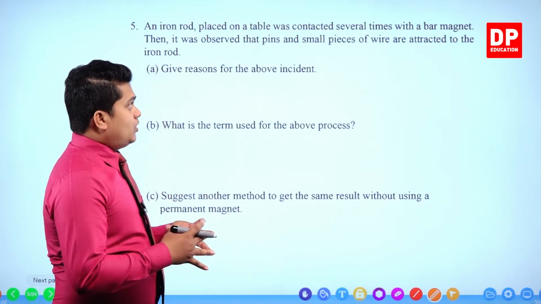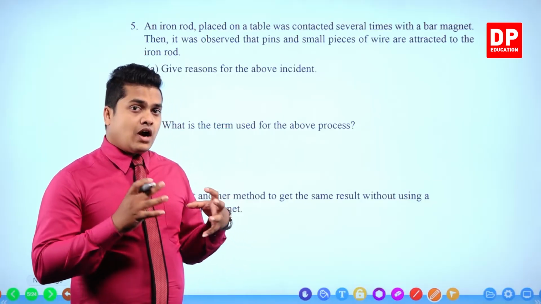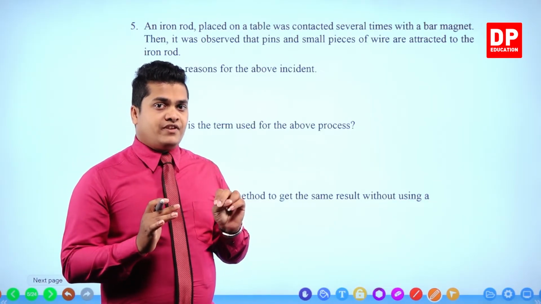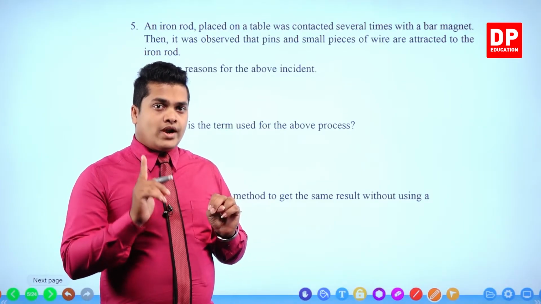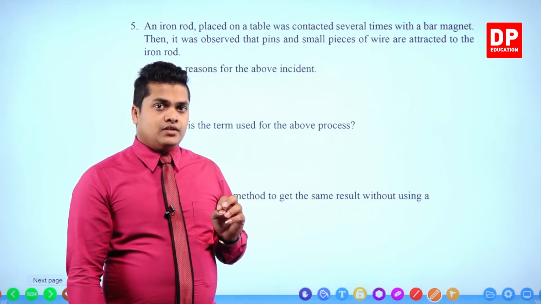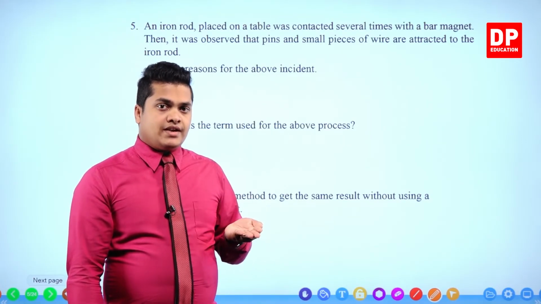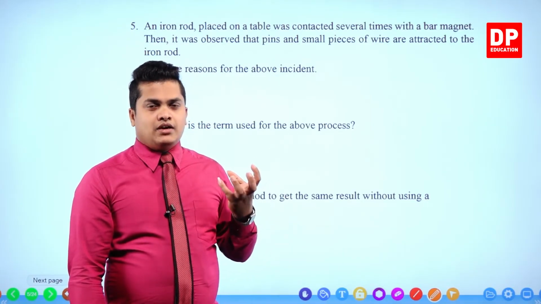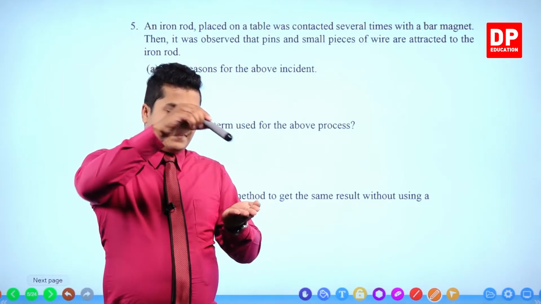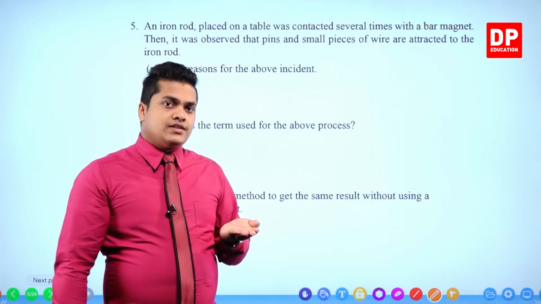So here now we have discussed how to make a permanent magnet by using two different methods. One method out of that was the contact method. In the contact method, we took a magnetic material like an iron nail, a needle, a hacksaw blade, and we rubbed that material against the magnet.